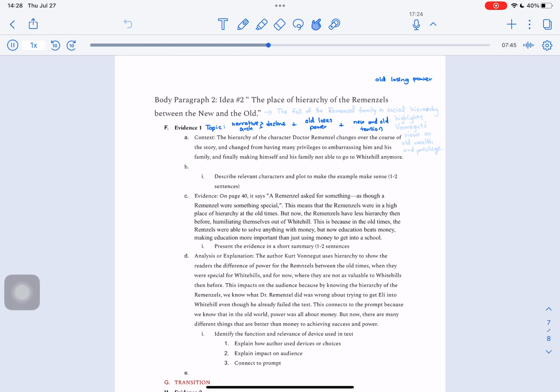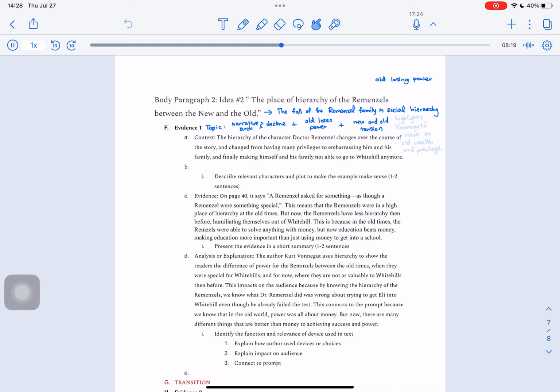So then you say the place of hierarchy of the Remenzels between the new and the old. Your idea too is actually pretty good. It's close to a topic sentence. Okay. So the Remenzel family in what kind of hierarchy? Social, power? Social. Okay. Social hierarchy.